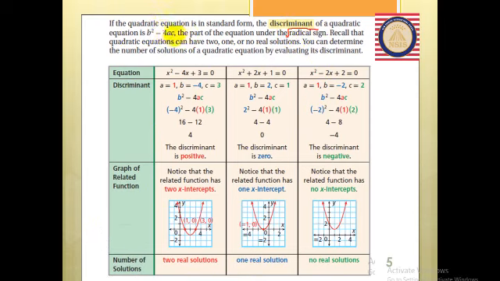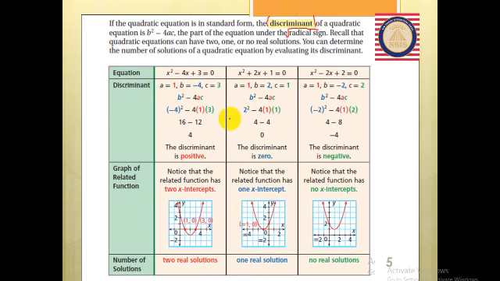So the part under the radical sign, b power 2 minus 4ac, is called what? Discriminant. Very good. From the discriminant, I can tell you if this function will give you 2 solutions, 1 solution or no solution.